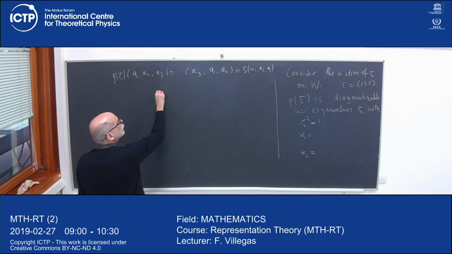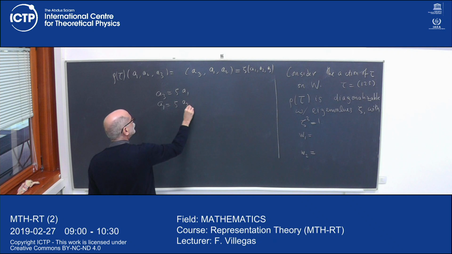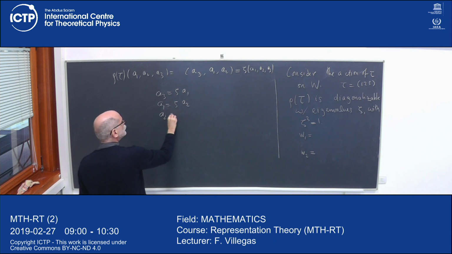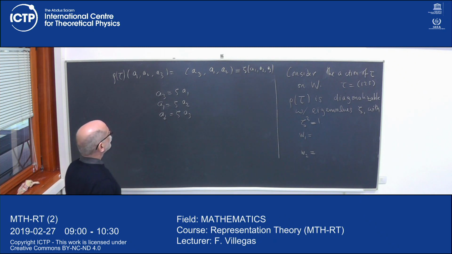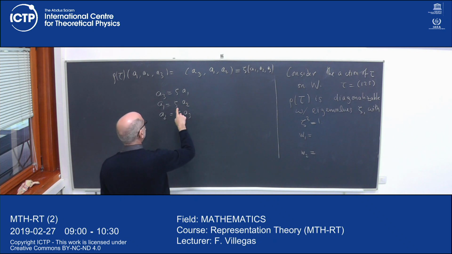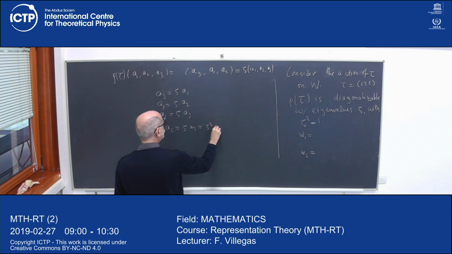So then what we're saying is that A3 has to be theta A1, A1 has to be theta A2, and A2 has to be theta A3. So if we solve these equations, what we see is that A2 is zeta A3, which is zeta squared A1.